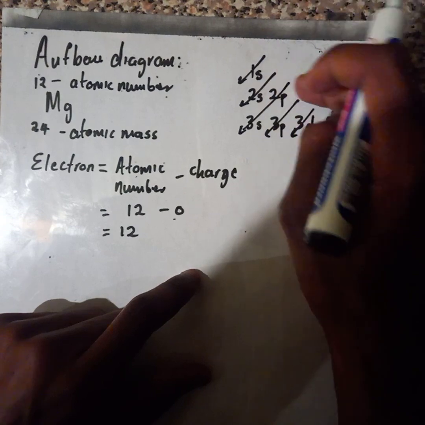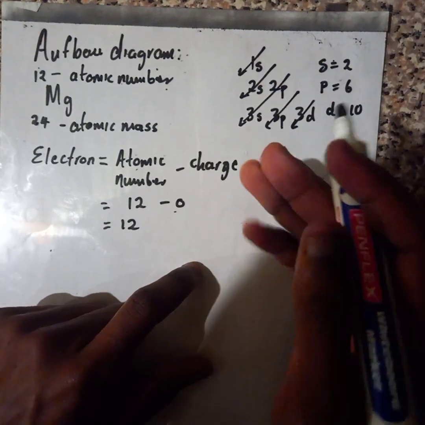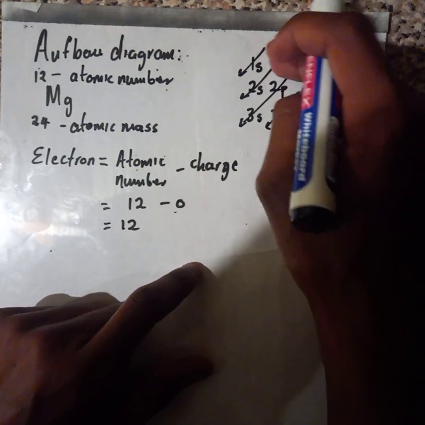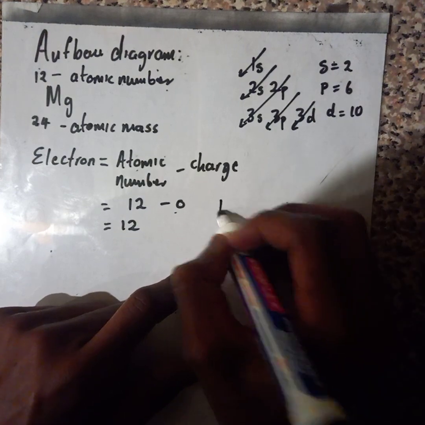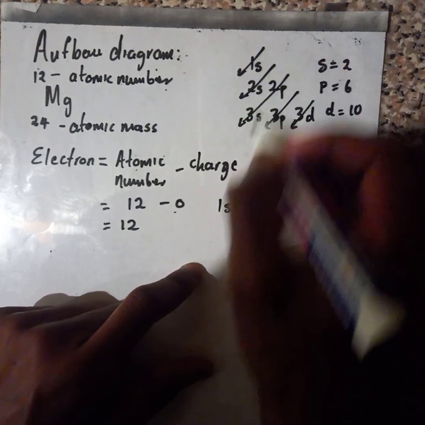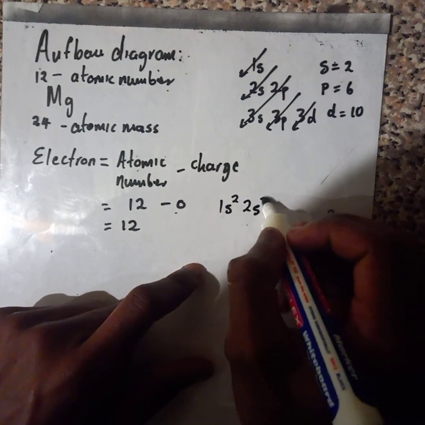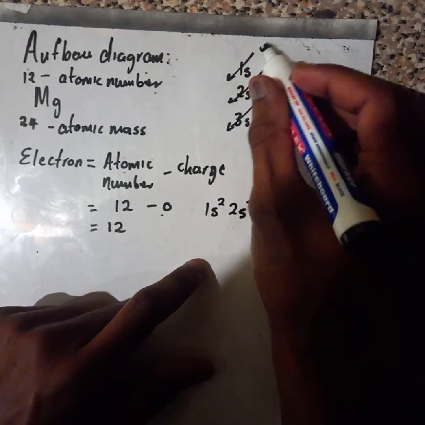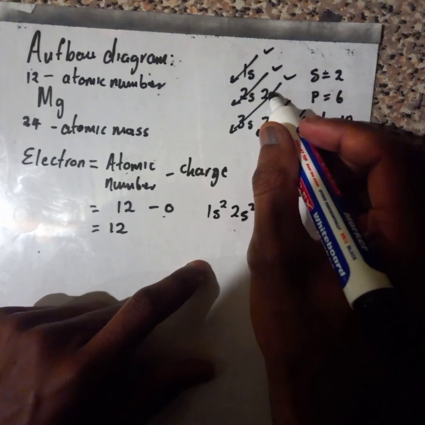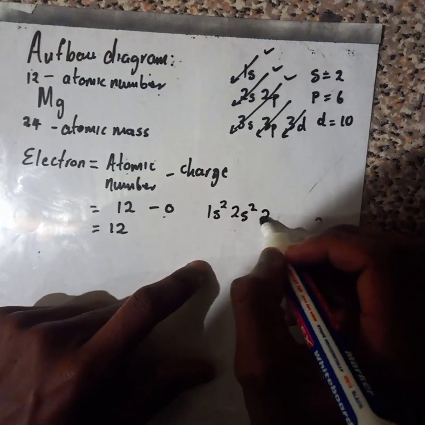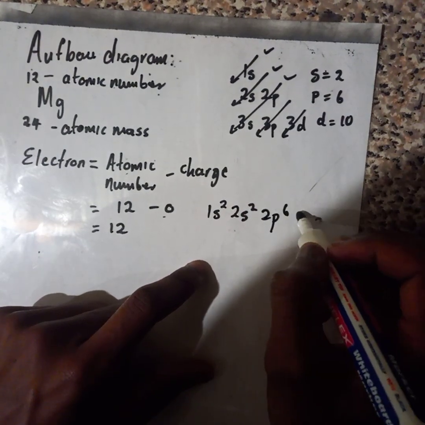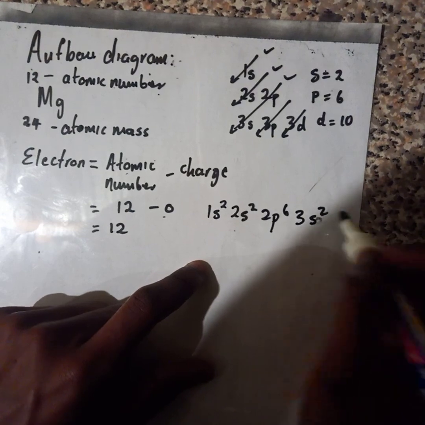We follow these arrows. I've already done it. We follow these arrows, which is going to be 1s2. You move to the second one, which is 2s2. You move to the third arrow, 2p6, 3s2. 2p can take up to 6, 3s can take up to 2.